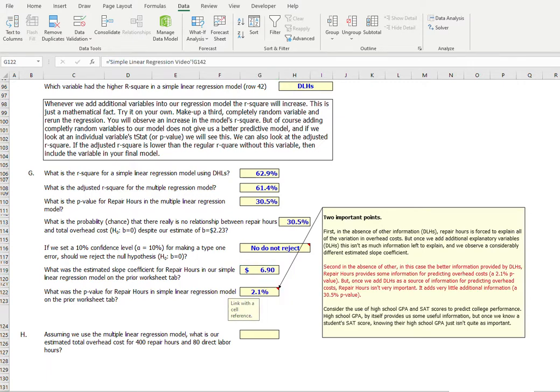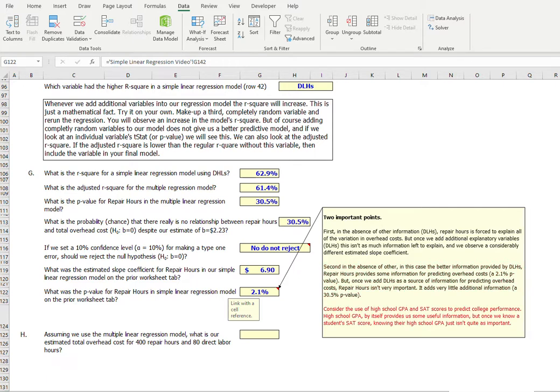The second thing we observe is that in the absence of other, and in this case better, information provided by direct labor hours, repair hours provided some information for predicting our overhead costs. And we had a 2.1% p-value. But once we added direct labor hours as a source of information for predicting overhead costs, repair hours isn't very important. It adds very little additional information, hence the 30.5% p-value.